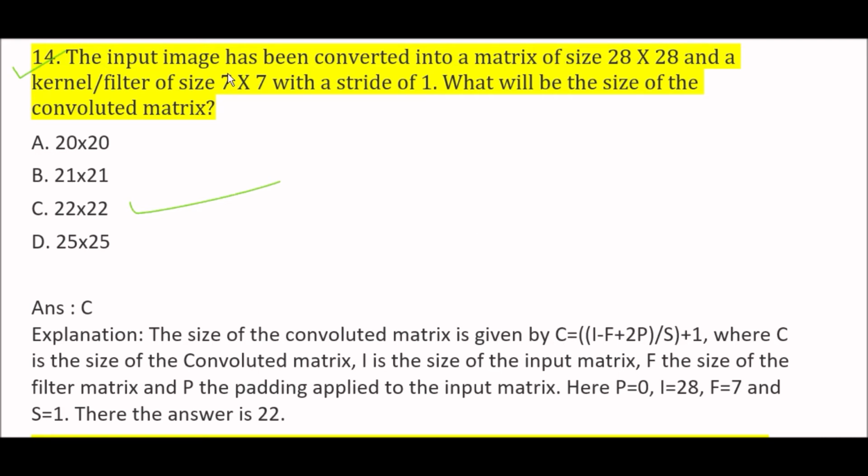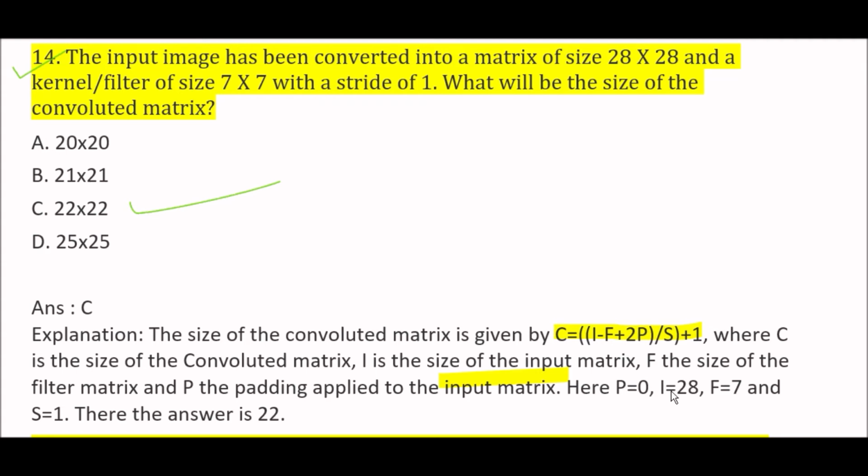Focus on this. C is equal to in the bracket I minus F plus 2P divided by S and plus 1, where C is the size of convoluted matrix and I is the size of input matrix, F is the size of the filter matrix and P is the padding applied to the input matrix.